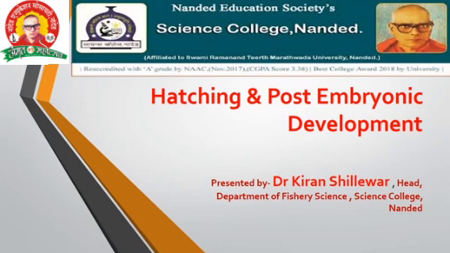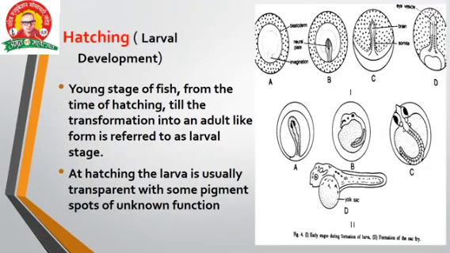The last one is hatching and post-embryonic development, the last bit of Unit 2, Paper 7, Fish Developmental Biology.